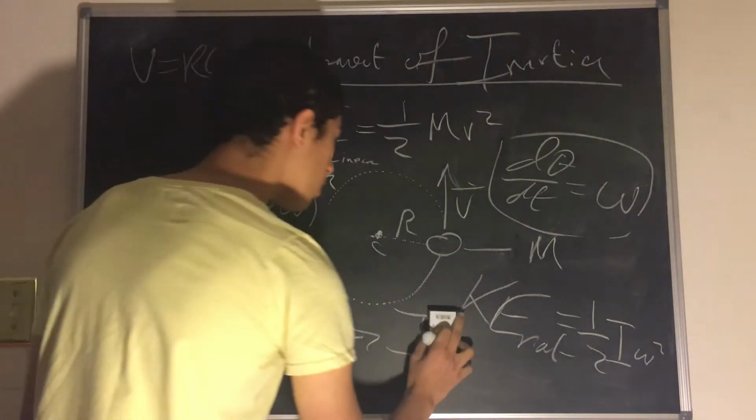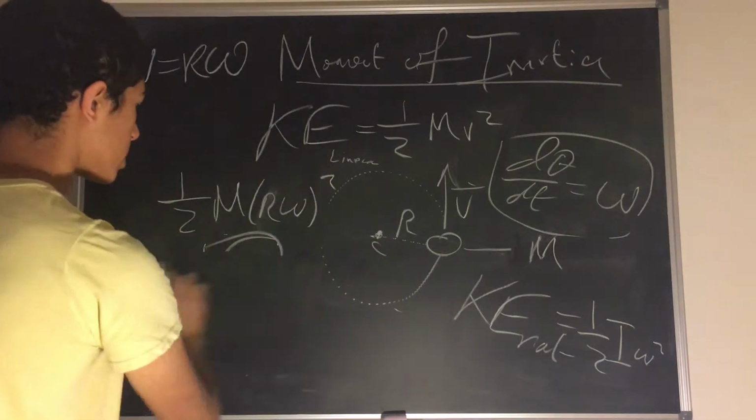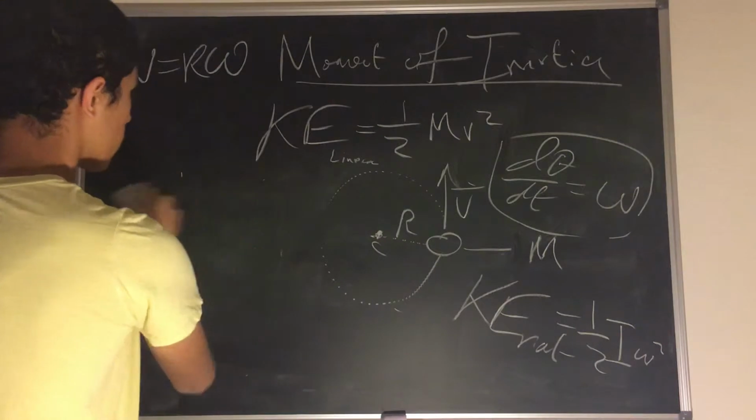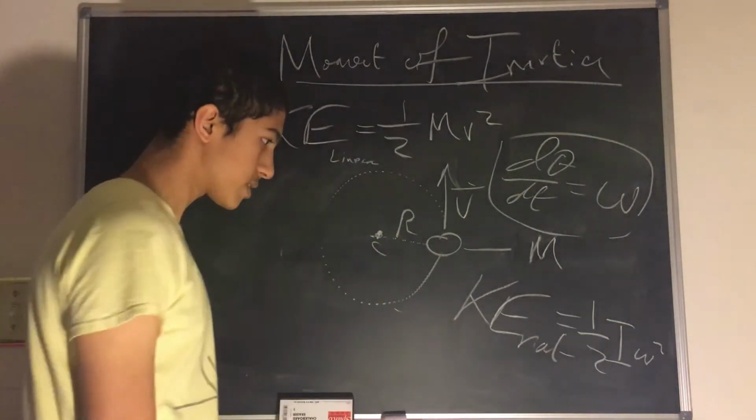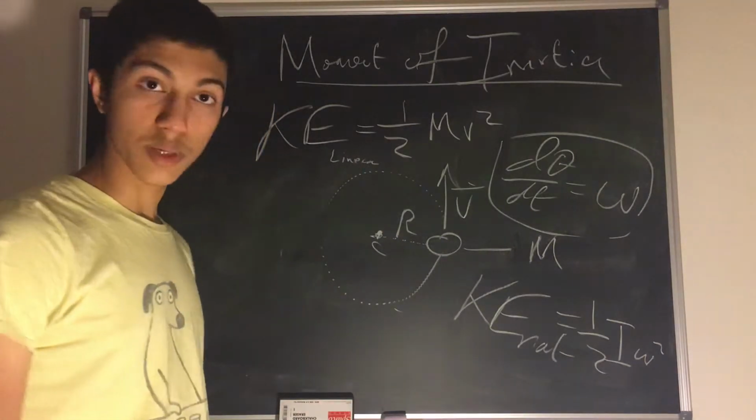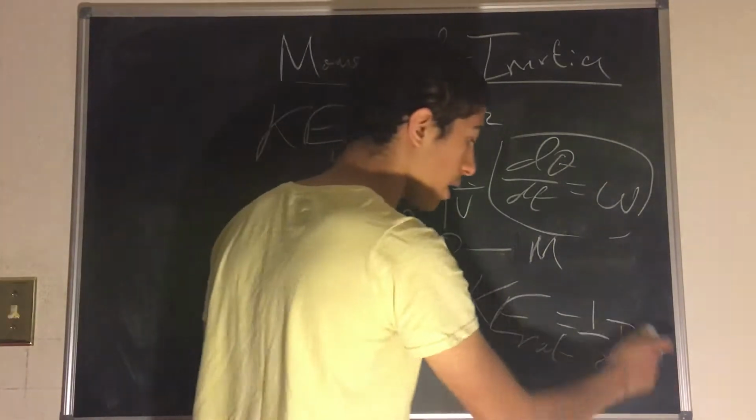Wonderful. Now this is the equation for rotational kinetic energy that we are so familiar with from our friendly physics textbooks, and we will be discussing exactly what this term I is.